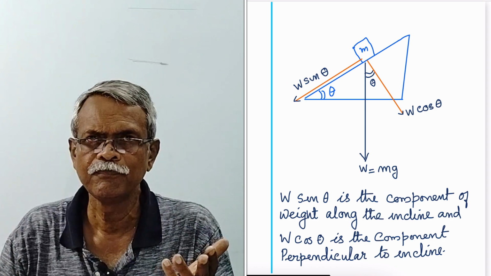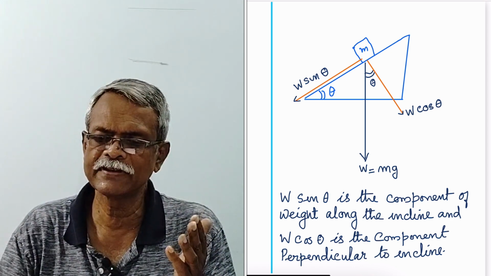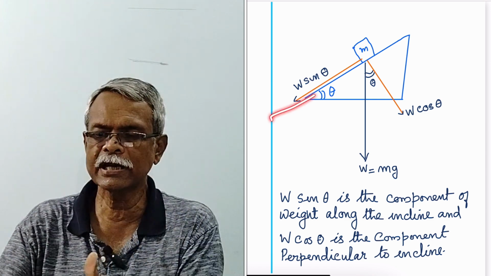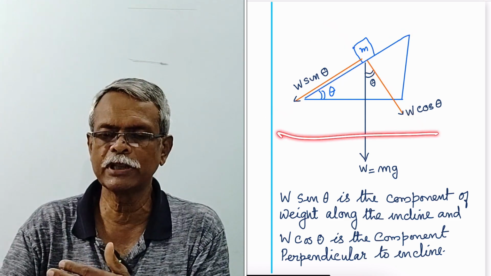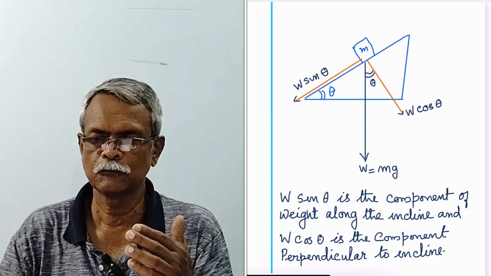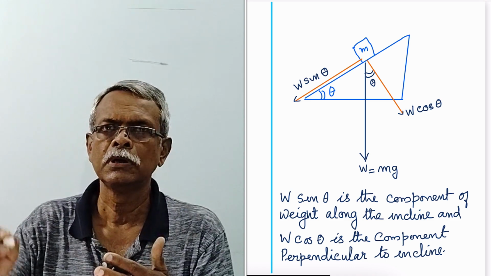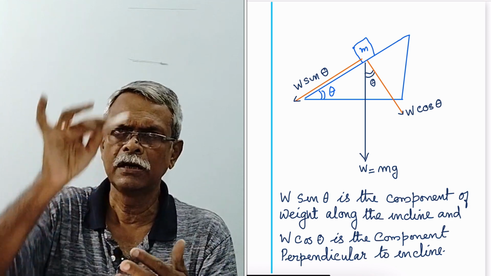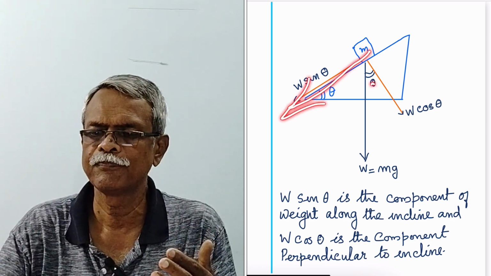That is possible. This angle is theta. Therefore, the component nearer to theta is w cos theta, and the component farther from theta is w sin theta. This weight can be resolved into a component along the incline, that is w sin theta, and perpendicular to the incline, that is w cos theta.